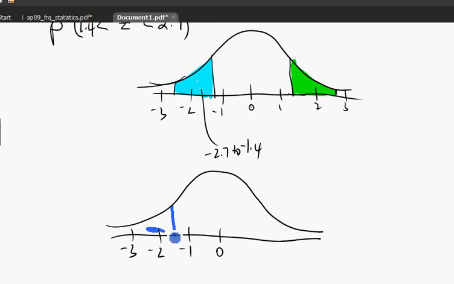Okay, hang on, let me put that in there. So he did a Z-score from negative infinity to negative 1.4. And then what do you do? Subtract the Z-score from negative infinity to negative 2.7.